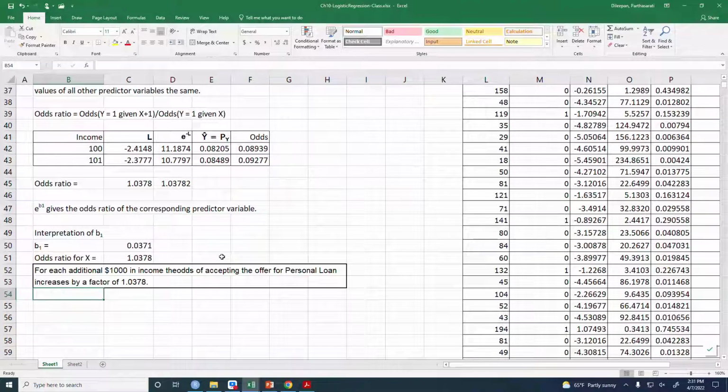So e to the power of L gives you the odds, e to the power of the slope gives you the odds ratio. Odds ratio is the rate at which odds will increase for each unit increase in the predictor value.